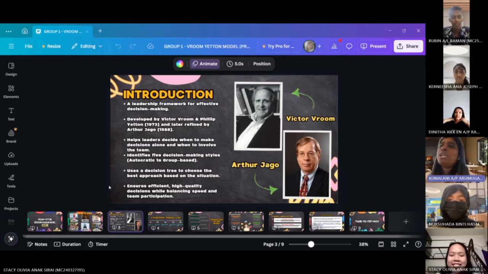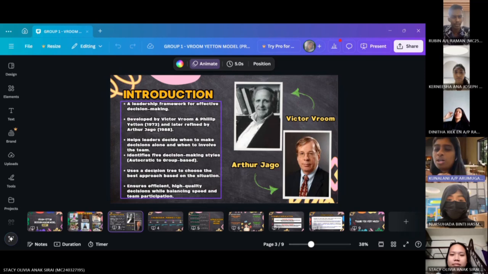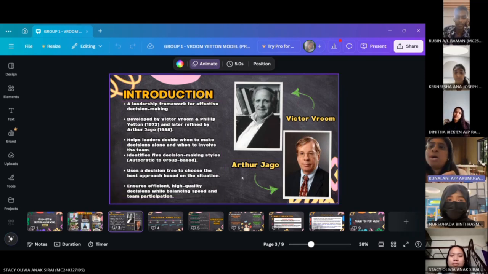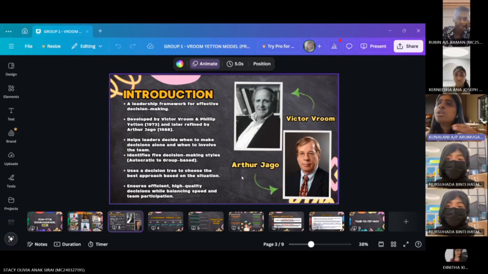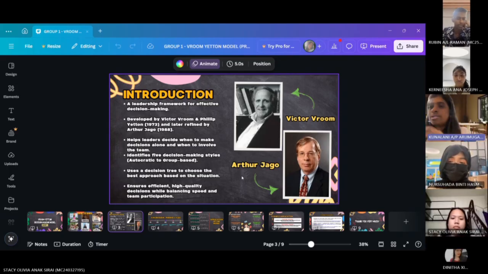Before we explain the Vroom Yetton model, let me explain a bit about shared decision making. Shared decision making, as we all know, is a process of collaboration among stakeholders to make important decisions in certain activities. This is what we call shared decision making.